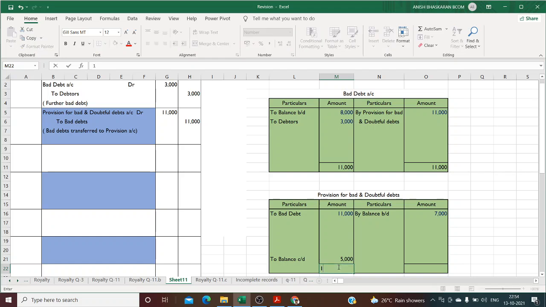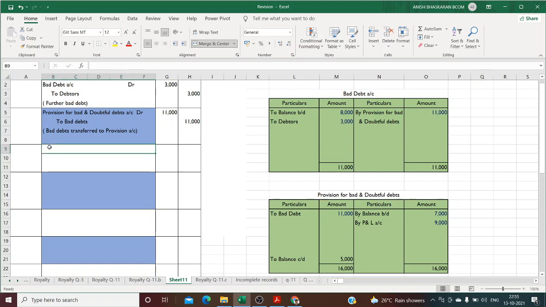So here 16,000, transfer it 16,000. You will get a balance of 9,000. There you just write by P&L account. This is the actual profit amount to be debited in profit and loss account. This is our balancing figure.